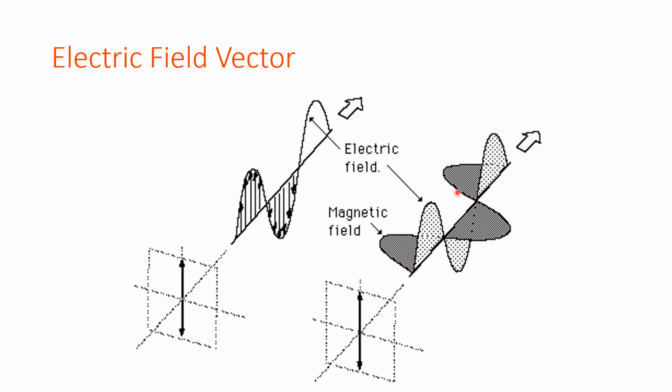This is the magnetic field vector. They are vibrating perpendicular to each other. These are electromagnetic waves, that is, light waves. Whereas in this figure, out of these two fields, only the electric field vector is shown, which is the light vector, vibrating in this plane.